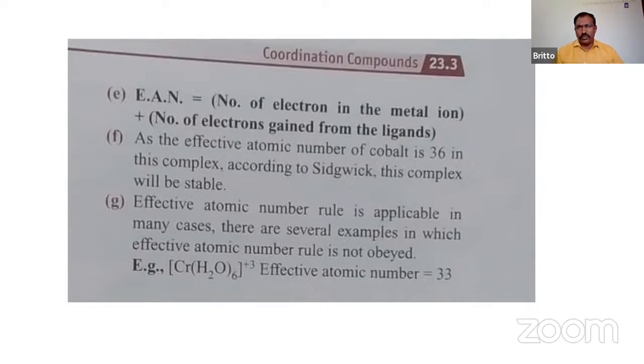Another thing is why these metals form complexes. One of the explanations is they try to achieve the nearest noble gas configuration. Okay, general metal atoms, by losing electrons also they can reach that, but by gaining electrons also they can reach that.